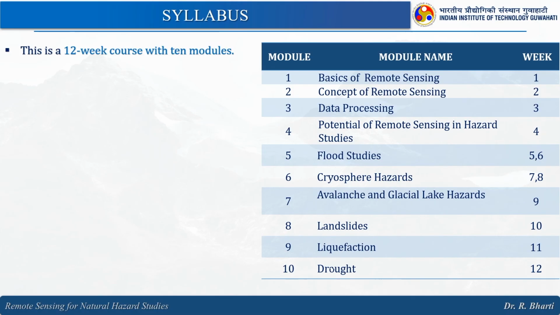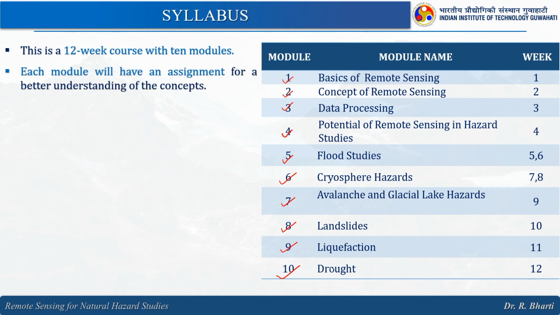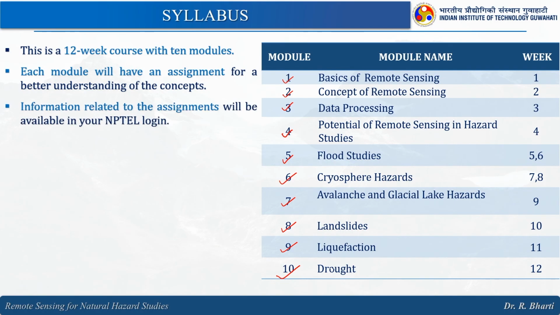So this is a 12-week course with 10 modules, and here you can find the details of all the modules in this table. It starts from basics of remote sensing, then concepts of remote sensing, data processing and so on, and ends with the drought studies. After each of the modules, you will have an assignment that you need to complete to better understand the concepts discussed during the classes.